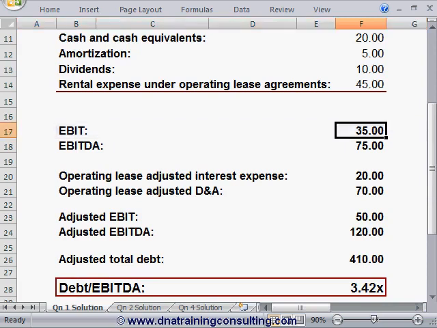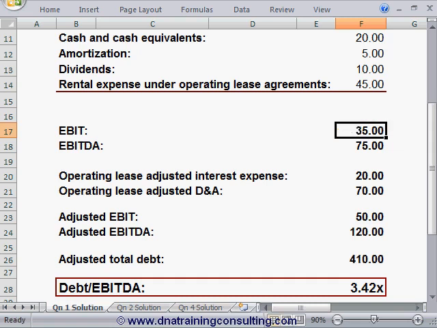Cell F17, for example, calculates EBIT as the sum of net earnings after tax plus interest expense plus taxes paid, exactly as you would expect.